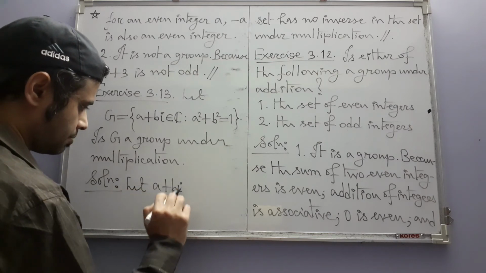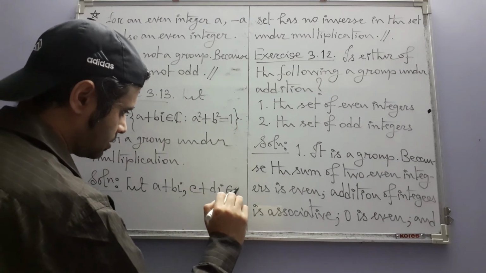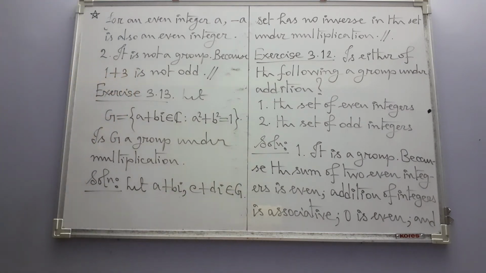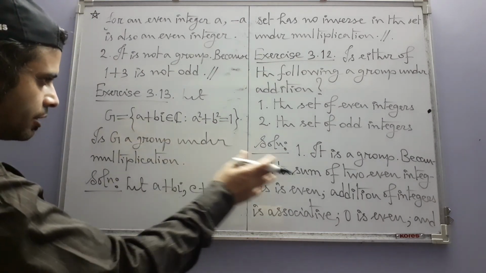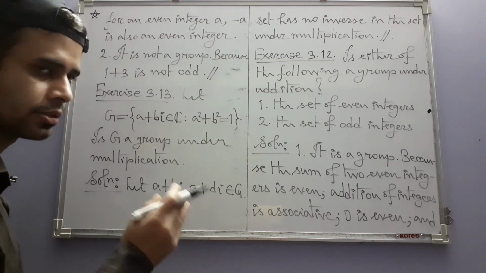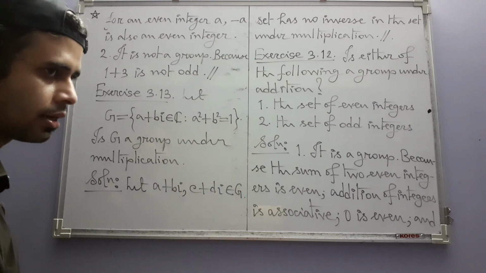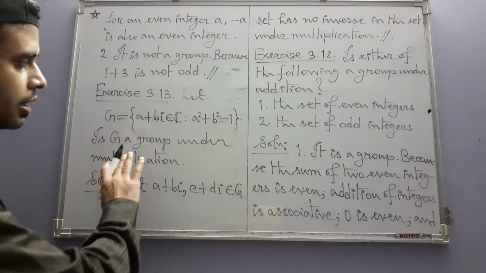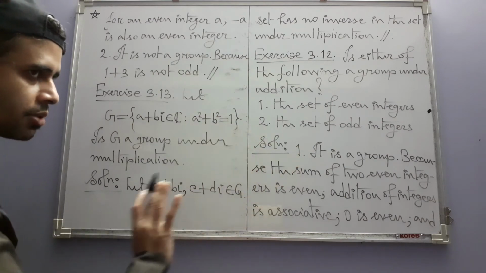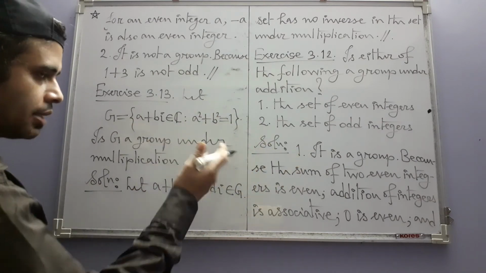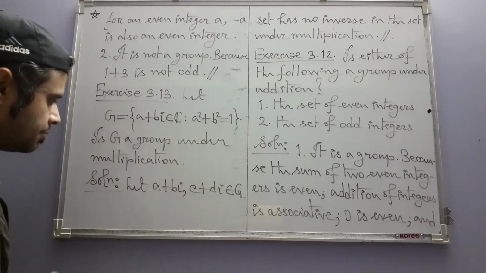Let a plus bi and c plus di belong to G. And of course, in all these cases where we are saying that the system is a group, the underlying sets are non-empty. We are not explicitly mentioning that because in the cases we have come across so far, that is obvious. Here also it's a non-empty set.